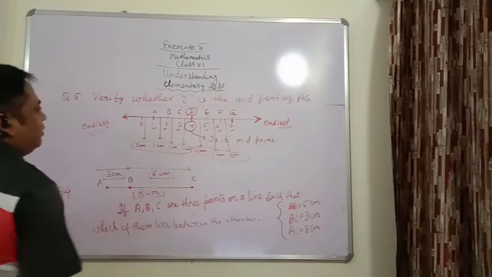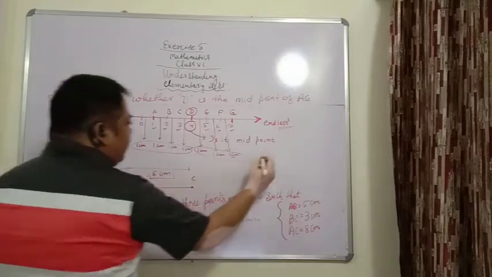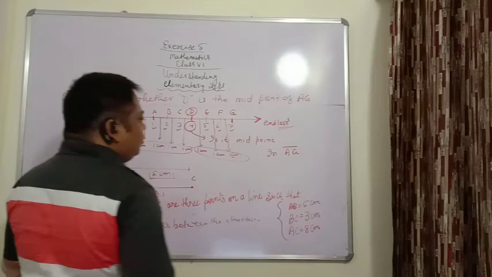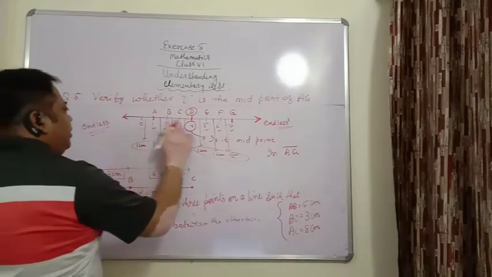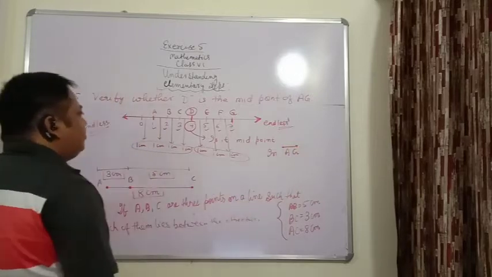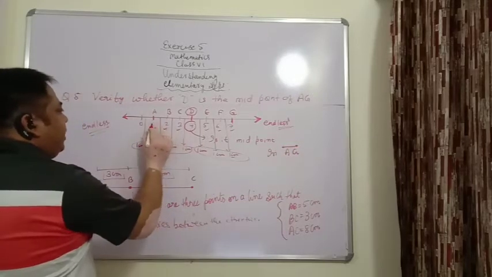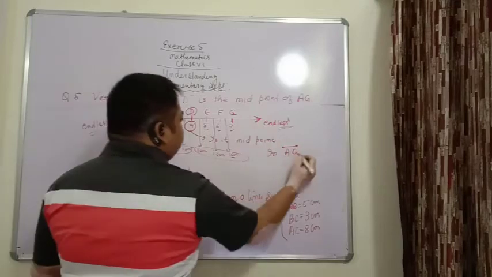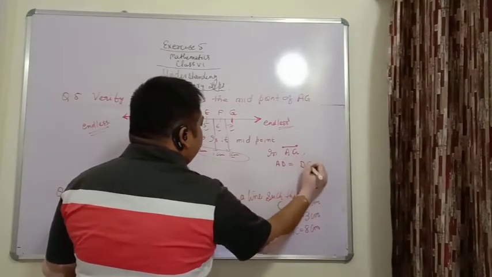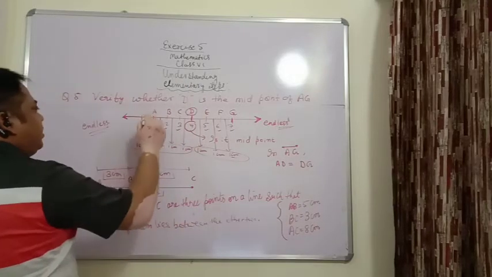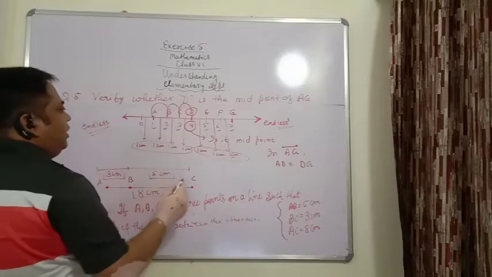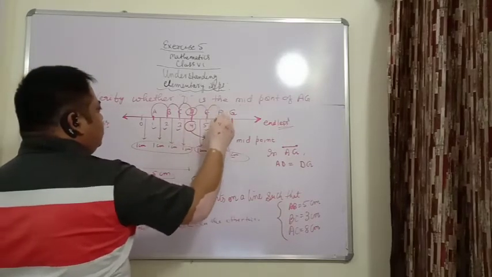Alright. So we'll write in line segment AG, not line AG. Although in the figure it is given line, but you will write line segment AG. AD is equal to DG. See how many counts are there? 1, 2, 3, and this side also 1, 2, 3.